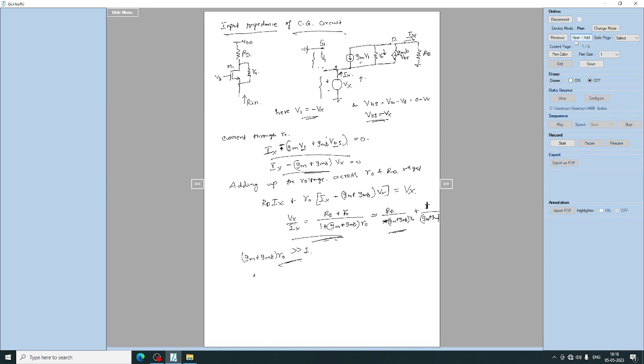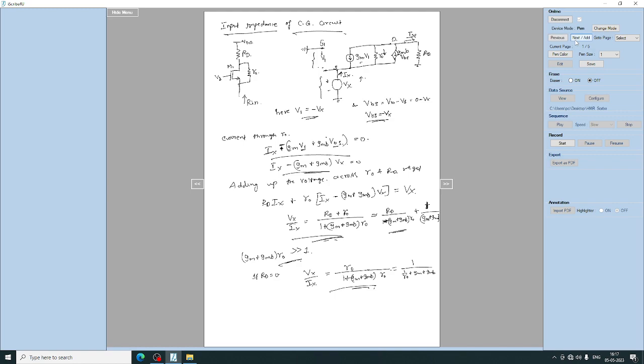So if RD equals 0, then Vx upon Ix, or the input impedance, will be just R naught upon 1 plus (GM plus GMB) into R naught, which I can write as 1 upon (1/R naught plus GM plus GMB).